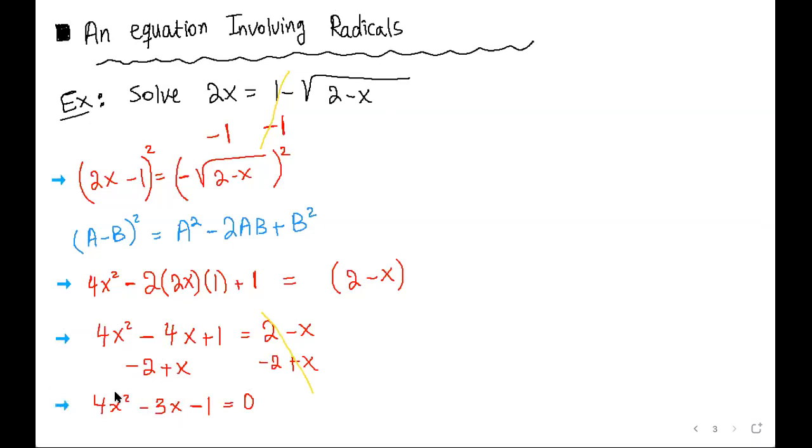Now I have a quadratic equation. We can solve it by using trial and error as we learned before, or by using the quadratic formula.